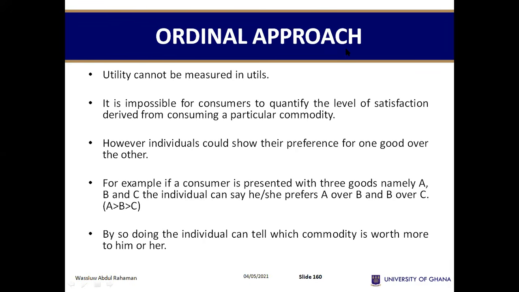In other words, the individual can quantify the satisfaction that he or she gains from consuming a particular good. So if that is the case, then we can look at concepts such as total utility, marginal utility, and then also the average utility. So we define what all these utility concepts are, right?